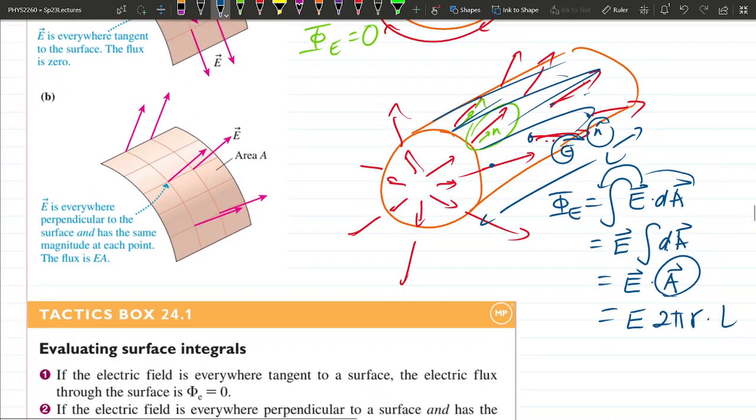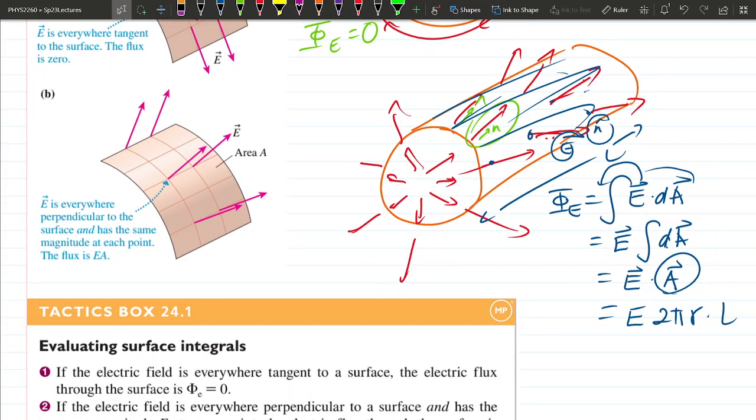Any question about this? So these are two special cases you want to look for. One of them is 0, which is nice. The other one, you have a constant electric field throughout the surface. The dot product between the vectors is always pointing in the same direction, so the angle between them is always 0. Therefore, cosine of 0 always gives you 1.